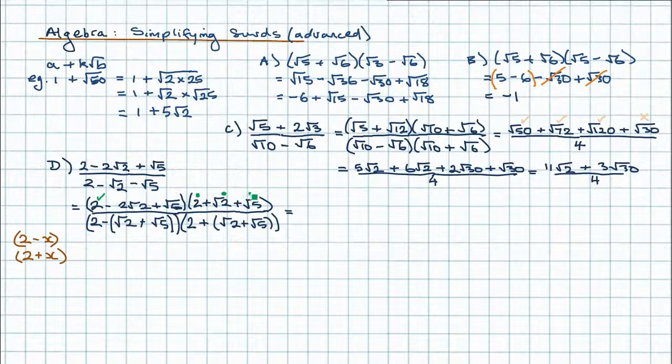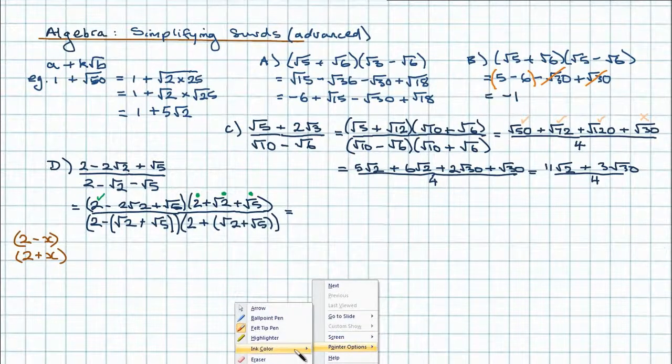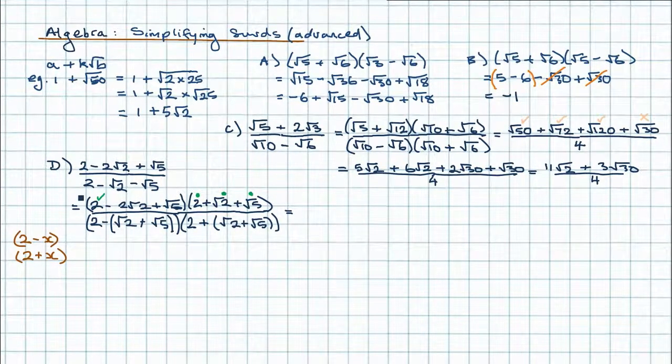You can't use a grid system here, interestingly, when you've got three terms. It would be a cube, I guess. So what you have to do is just work very, very carefully. That 2 is going to multiply that 2, then it's going to multiply that root 2, and then it's going to multiply that root 5. So 2 times all of this, in other words.